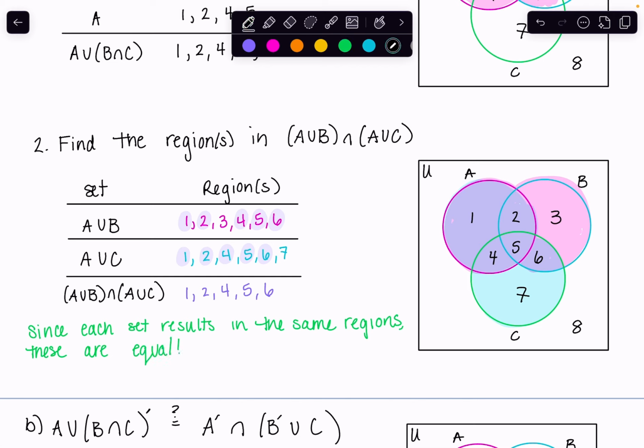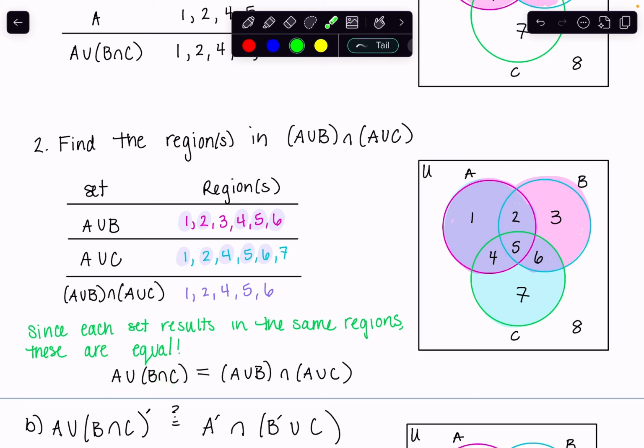So indeed, we can say A union B intersect C is exactly the same as A union B intersect A union C. Okay. All right. This is really just like the distributive property. You're basically distributing A union to this, and then you're distributing A union to this, and taking that intersection afterwards.